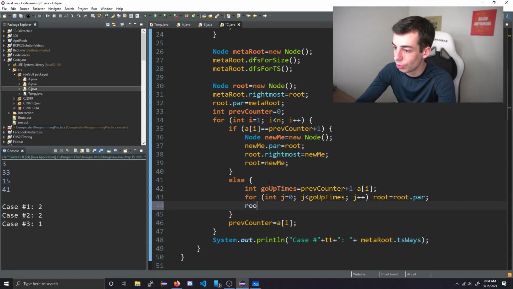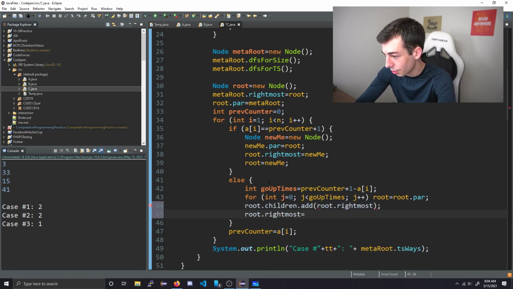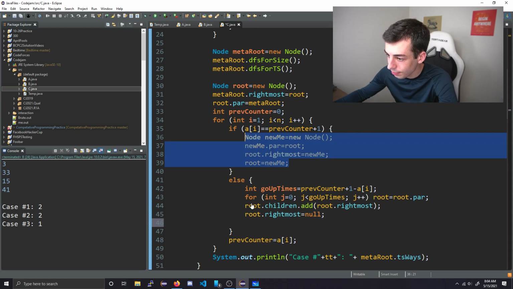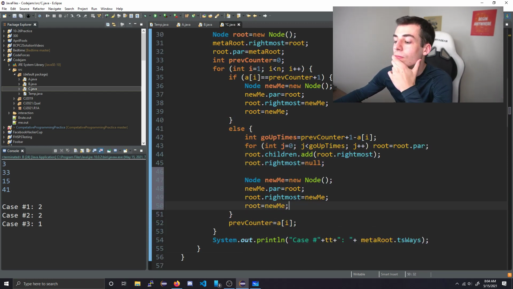Alright, and then root.children.add root.rightmost. Root.rightmost equals null. And add myself.